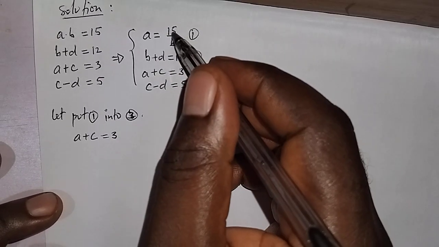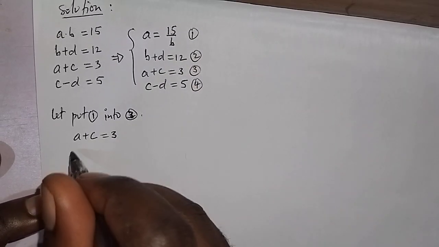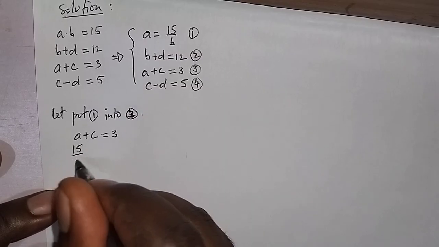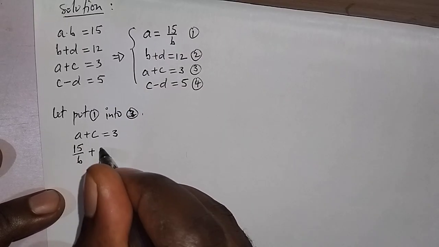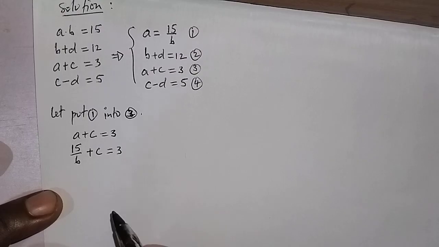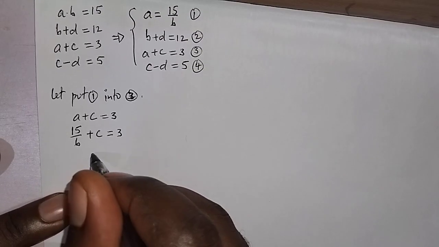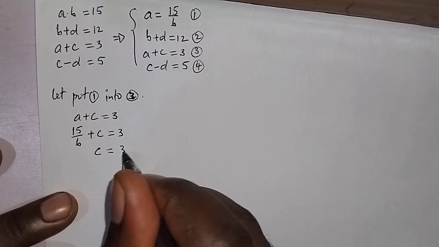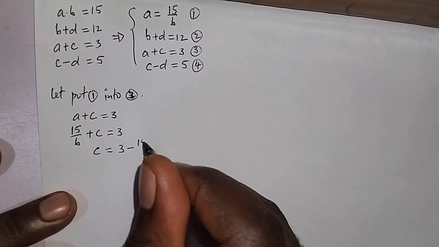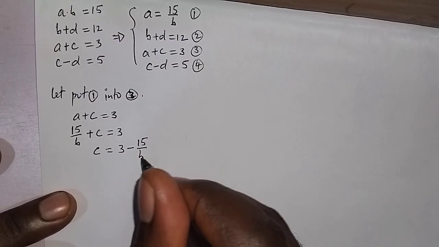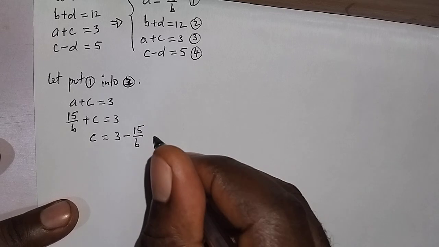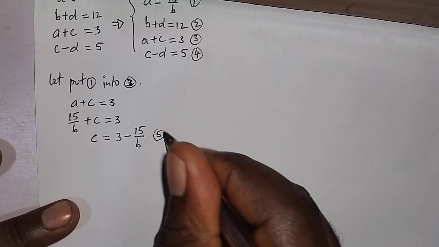So A is equal to 15 over B. So 15 over B plus C is equal to 3. So to find C, C is equal to 3 minus 15 over B. Let this be equation 5.